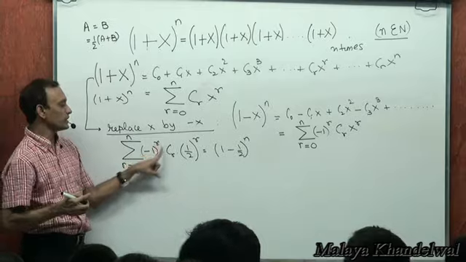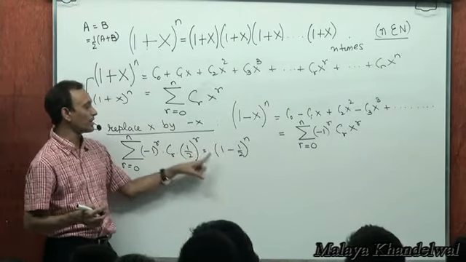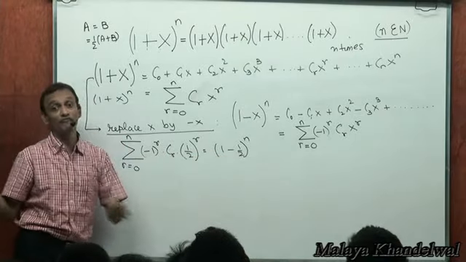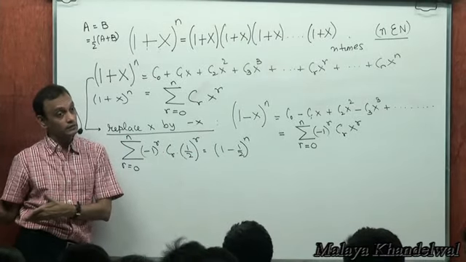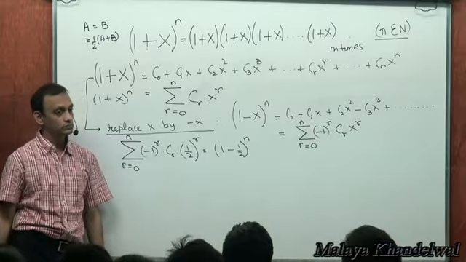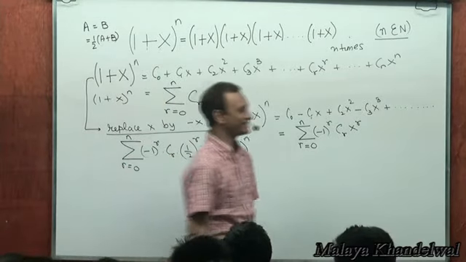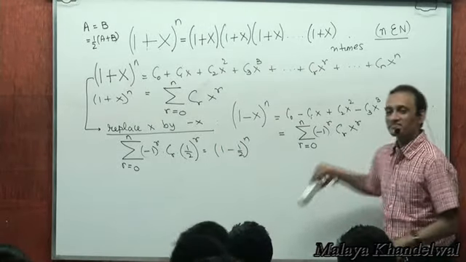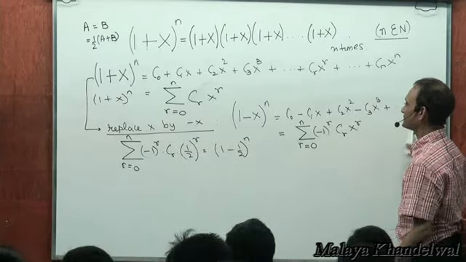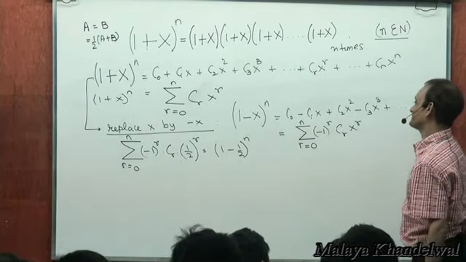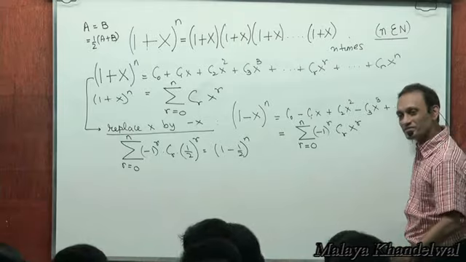Right, summation minus 1 to power r, nCr half to power r runs from 0 all the way to n would be 1 minus half to power n. Yes means all right. Clear? Yes, yes, you can. Can I wipe this off?